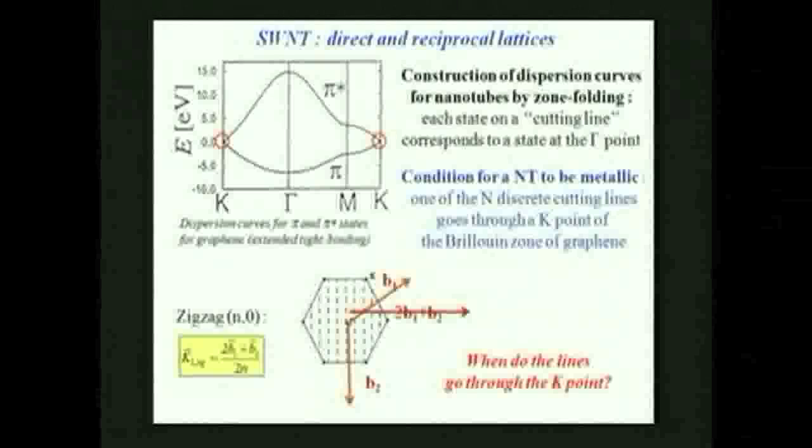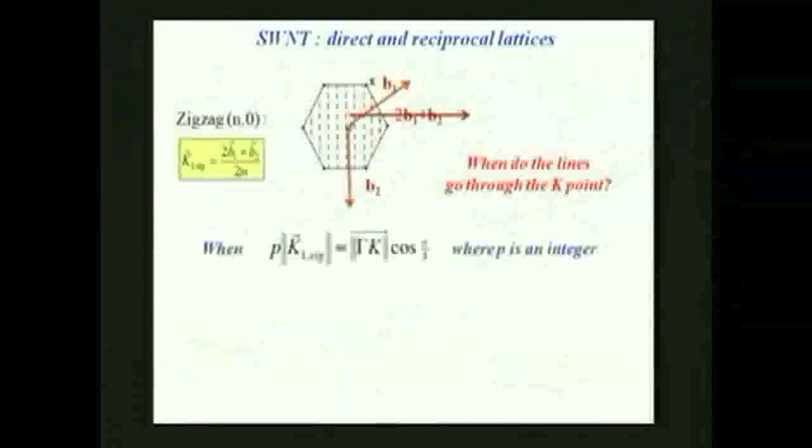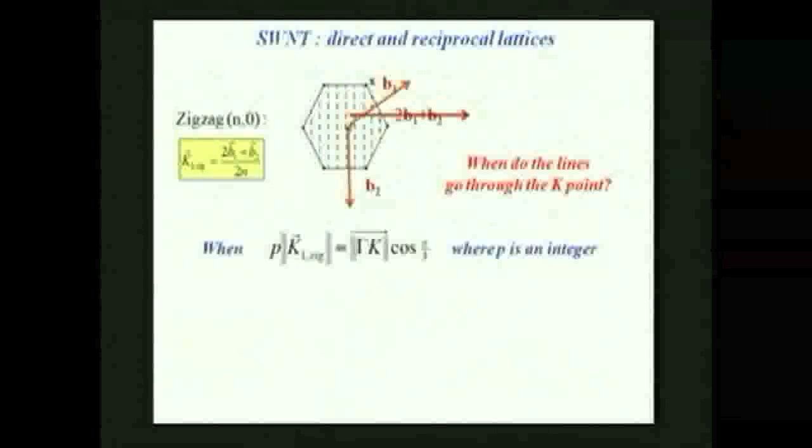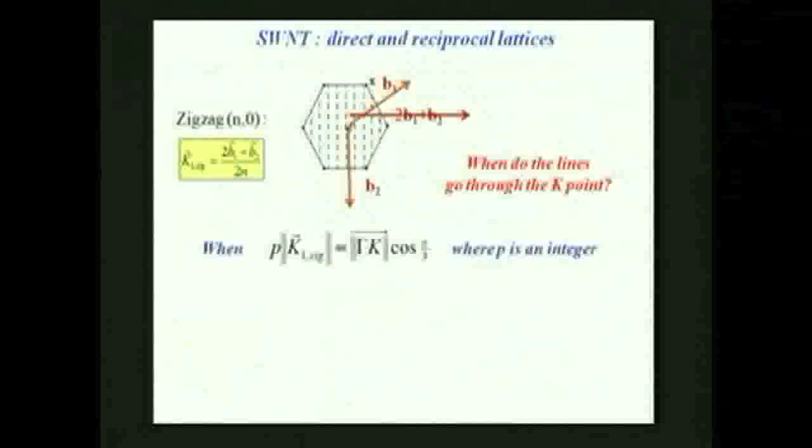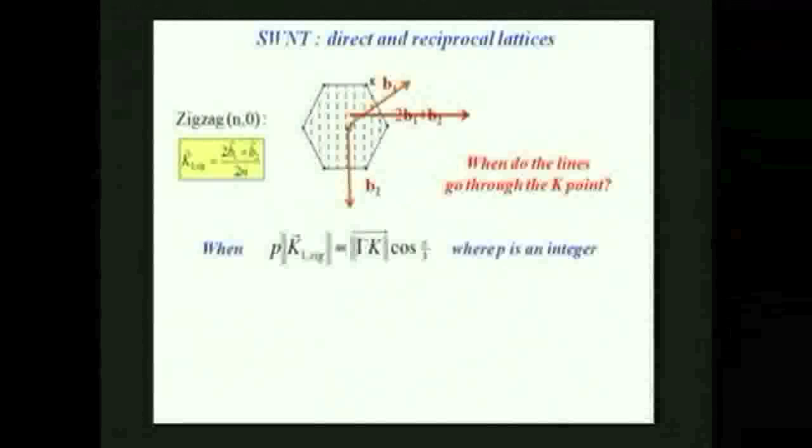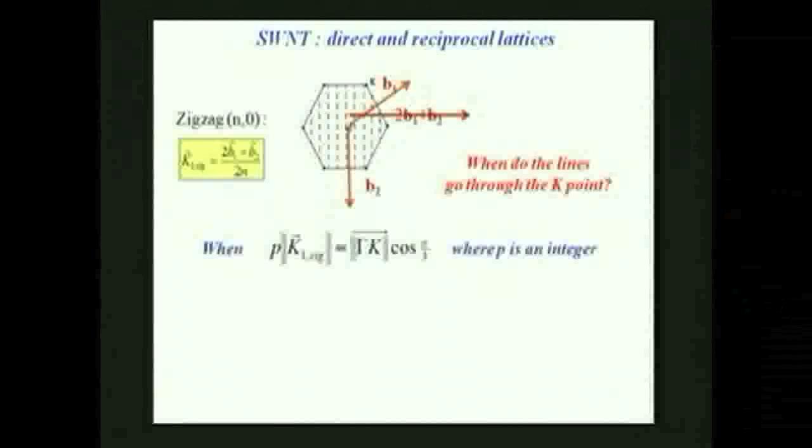Now it's just mathematics. You take this vector and you say, I want an integer amount of this vector, so p times this vector, where p is an integer, to be equal to this length projected on this direction, that is the distance between the sigma and the K points.